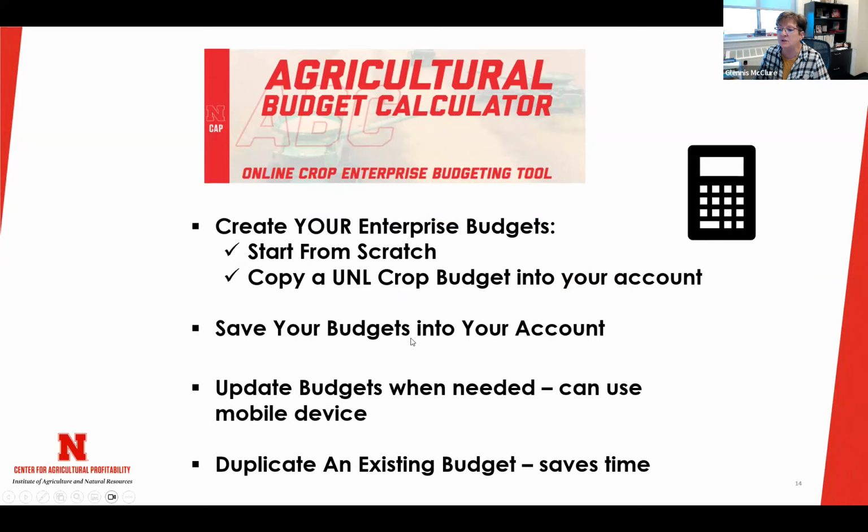You save those into your account. So as you go, you're saving. If you work on it for an hour or two and come back, that should all be there for you. And from year to year, it's really nice. We've got duplication features built in. So let's say you have 10 fields of corn.